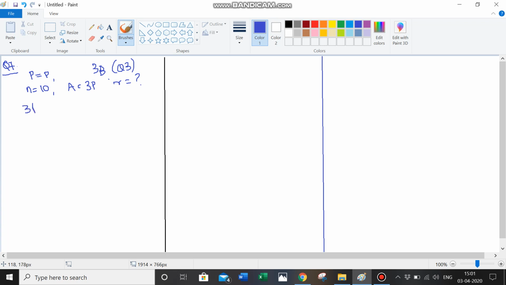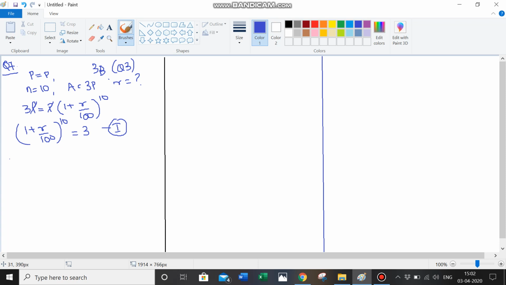So 3P is equal to P times 1 plus R upon 100 raised to the power 10. Dividing both sides by P, what I get is 1 plus R upon 100 raised to the power 10 is equal to 3. This is my first equation. Now it asks: in how many years will the same sum become 27 times of itself at the same rate of interest?